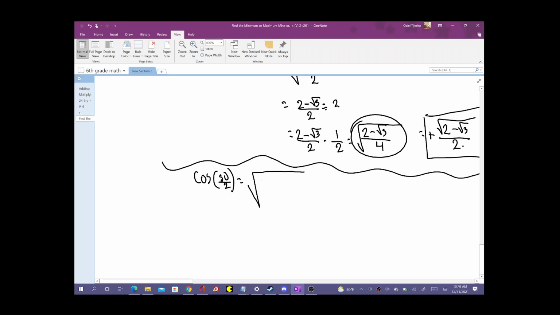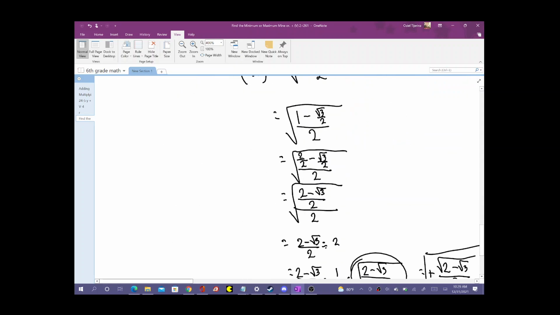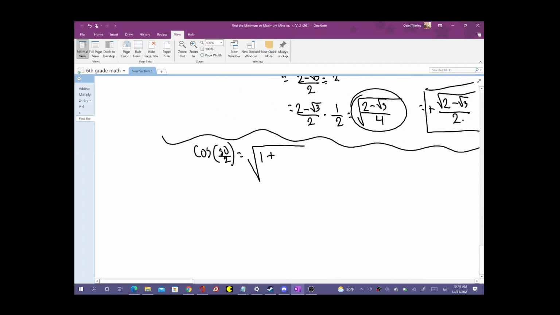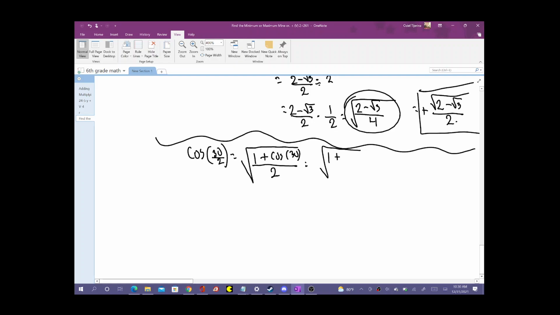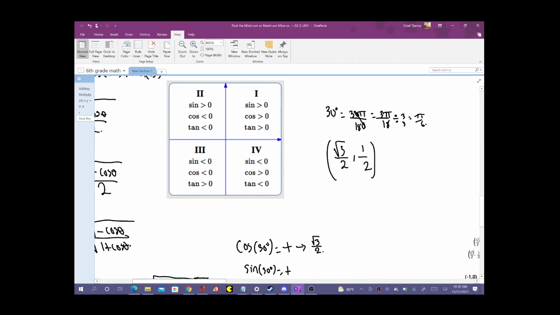So it's the square root of 1 plus cosine of 30, all over 2, right? Then this becomes the square root of 1 plus, and the cosine of 30, if we look back at our unit circle, the cosine of 30 is... give me a second, guys.